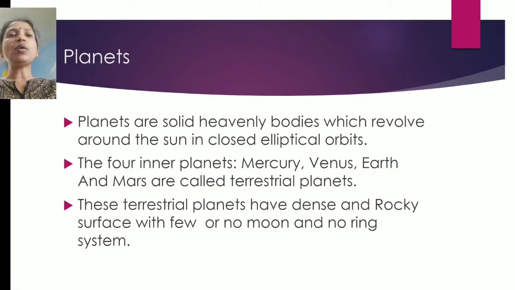These terrestrial planets have a dense and rocky surface. Dense means very high mass, highly solid particles are there. With few or no moons and no ring system.